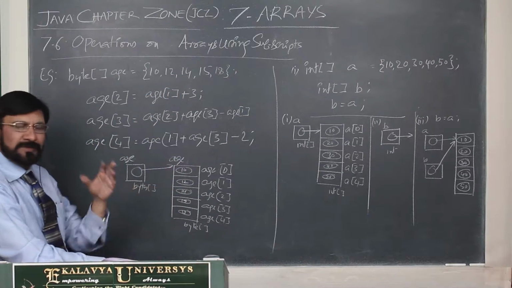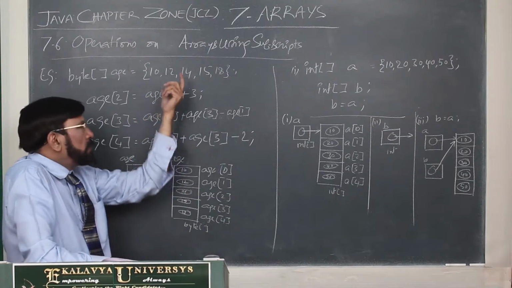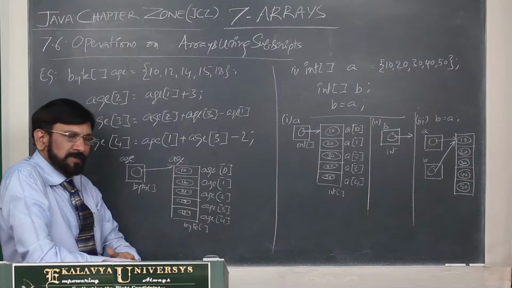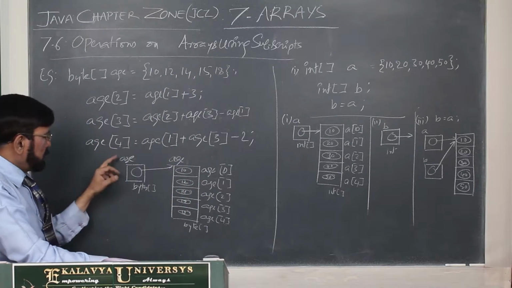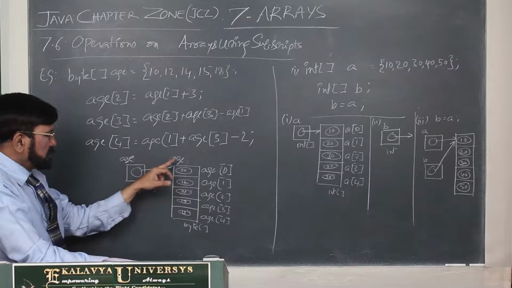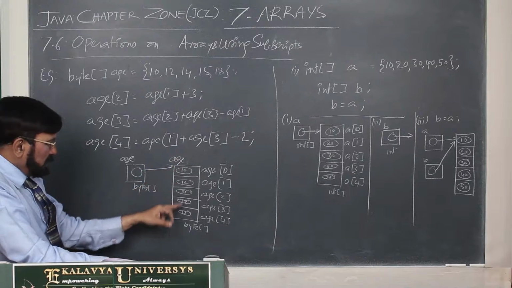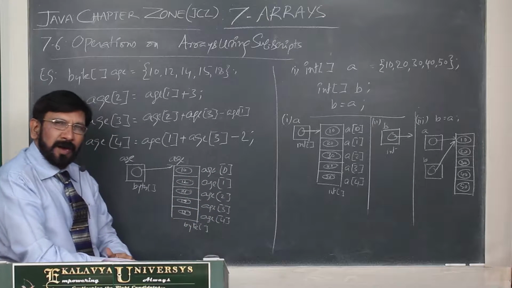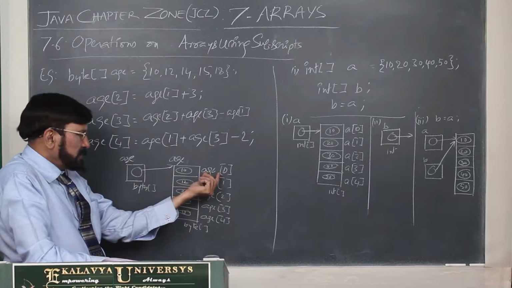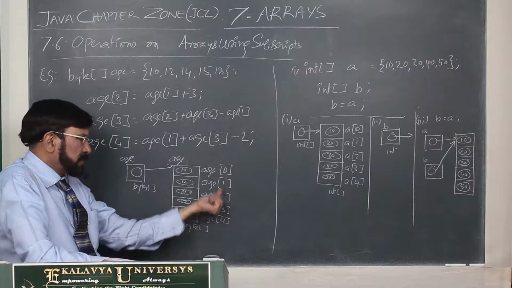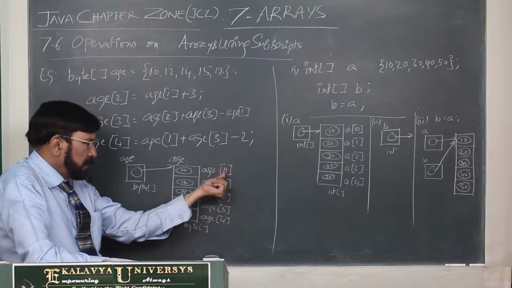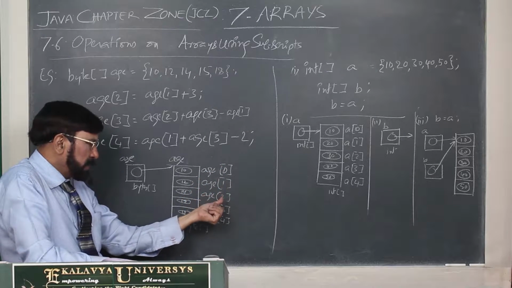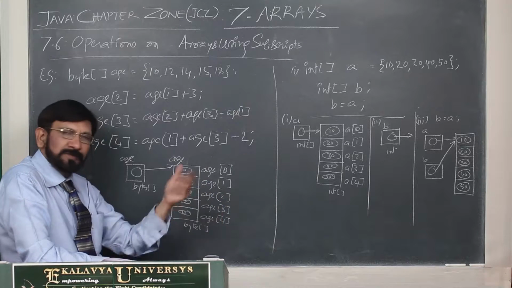Now, whenever you create an array, form a mental picture. This is like this: byte age, initialized, and these are the indexes. It is a 0-based index, and these are called subscripts. What we are giving: age 0, age 1, age 2, age 3, age 4.